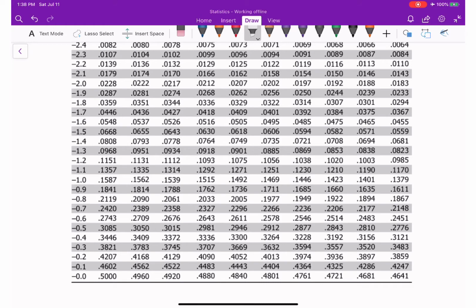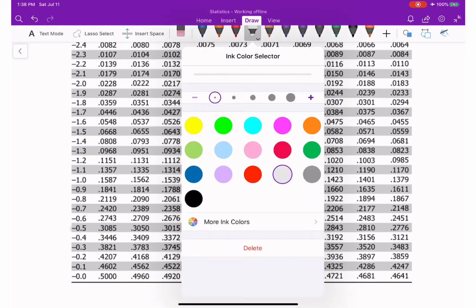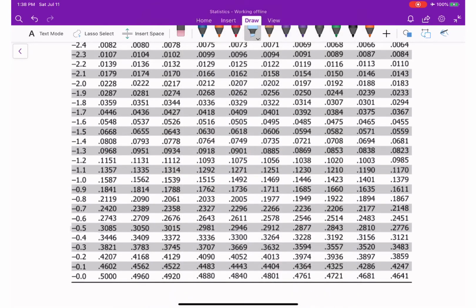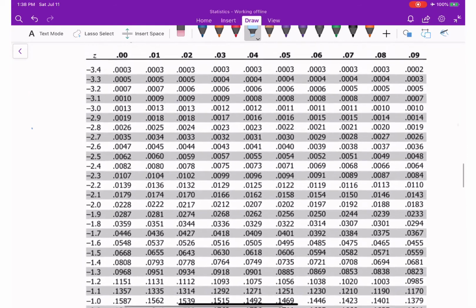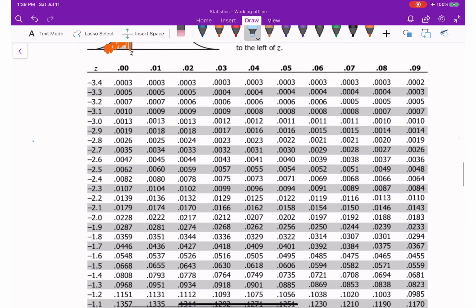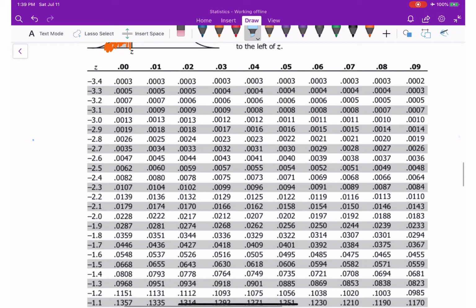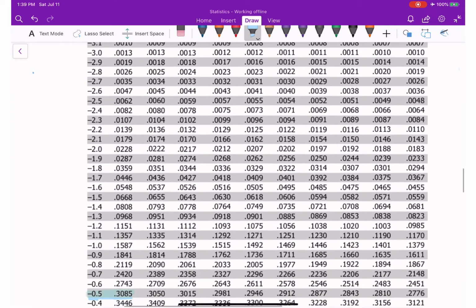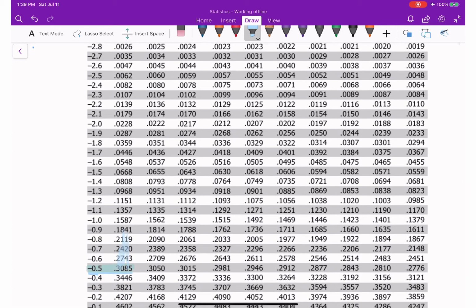Since the second decimal is missing, I'm going to use 0.50. It's the first column practically.